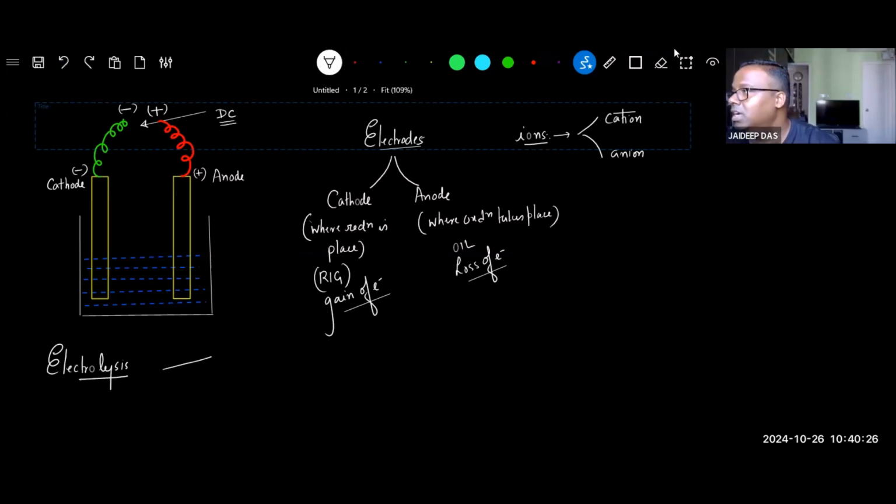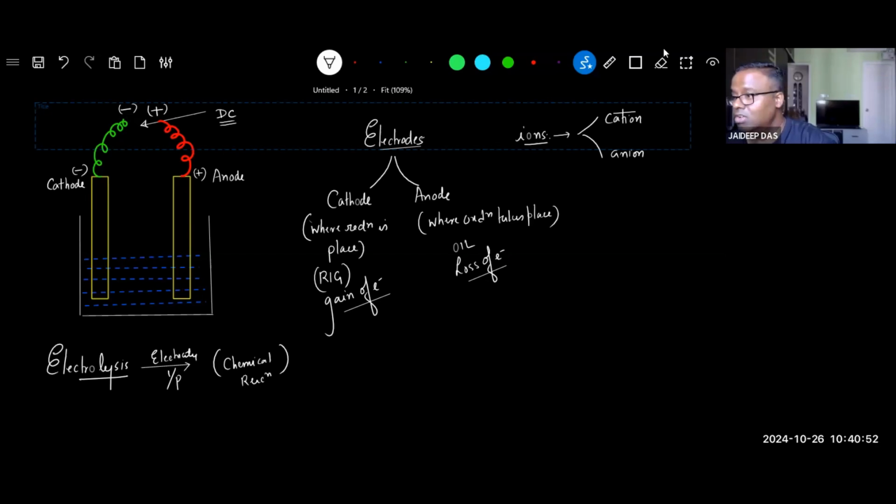I'm not drawing a diagram, I'm drawing a mind map, so try to understand. Electrolysis is a process where electricity is an input and you create a chemical reaction. Have you understood this? In electrolysis, electricity is an input and you will create a chemical reaction.